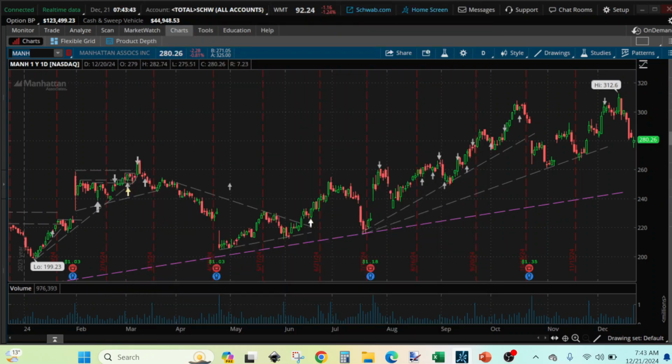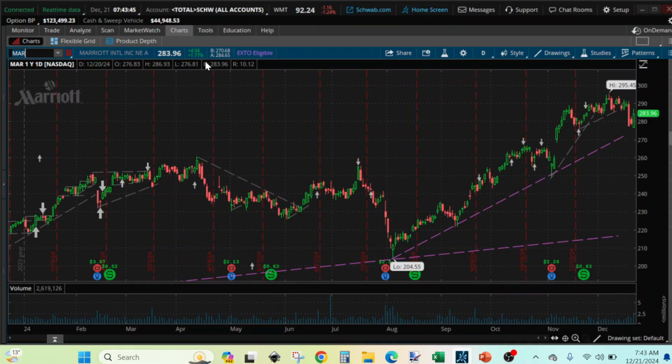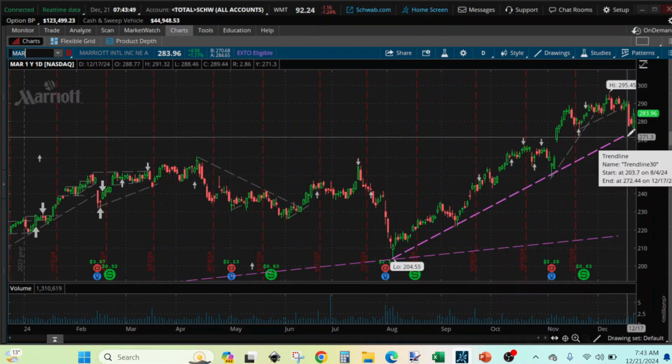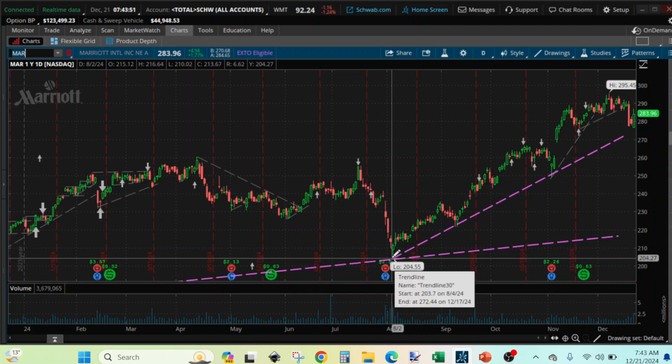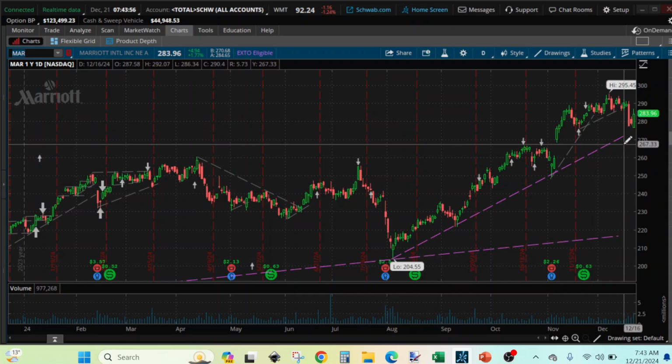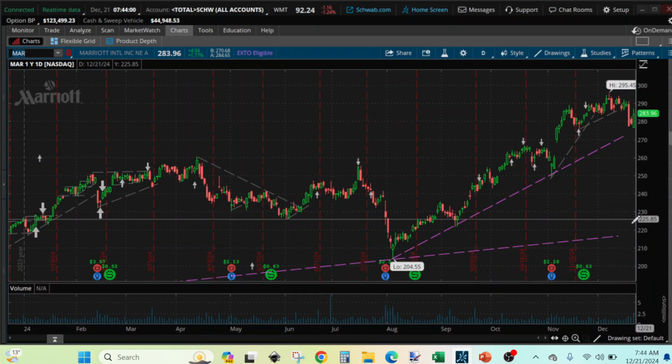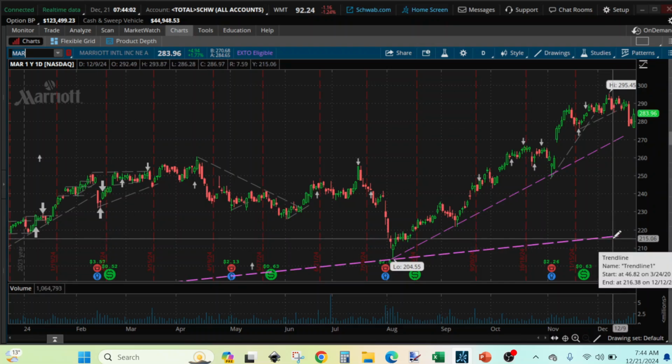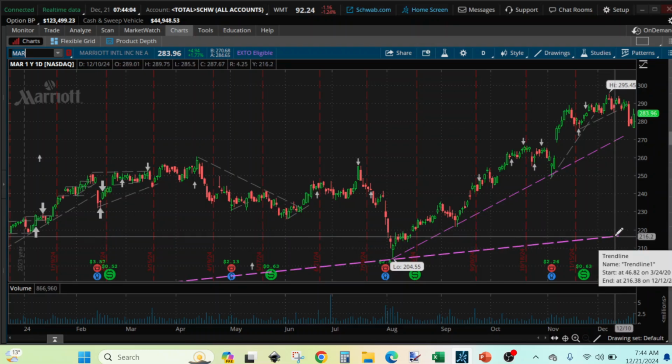MAR. We like to buy it at this line, but at this point, I would prefer not to, because of what we have seen so far. Some of them have been falling off of their 1 year trend line.